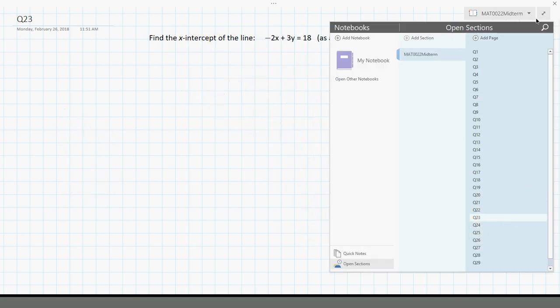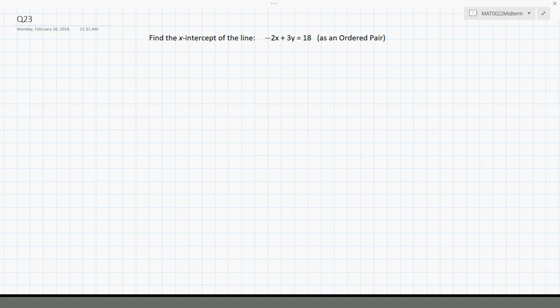Number 23, right? Find the x-intercepts of the line as an ordered pair. So, there's the x-intercept and the y-intercept. How do I know the difference between x-intercepts and y-intercepts? X is horizontal, Y is vertical. So, when I'm looking for the x-intercept, I want y to be equal to 0. When I'm looking for the y-intercept, I want x to be equal to 0.